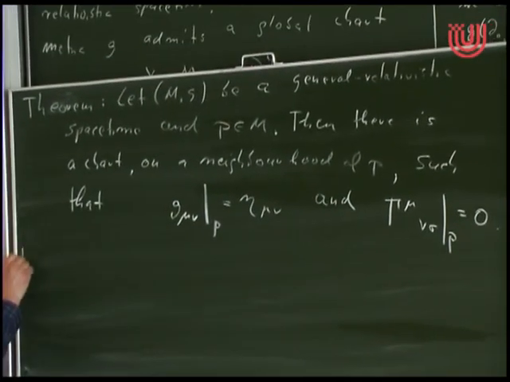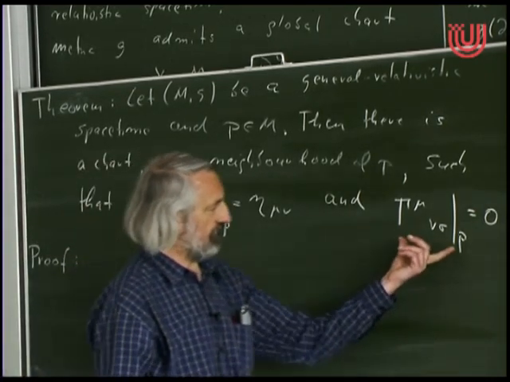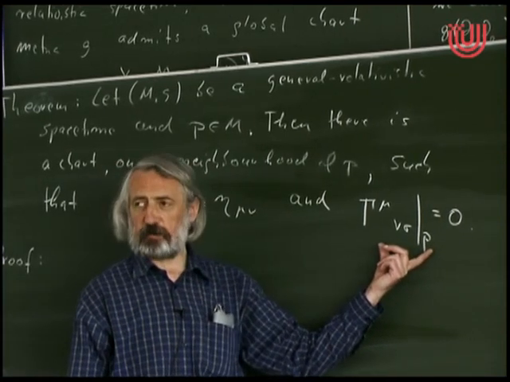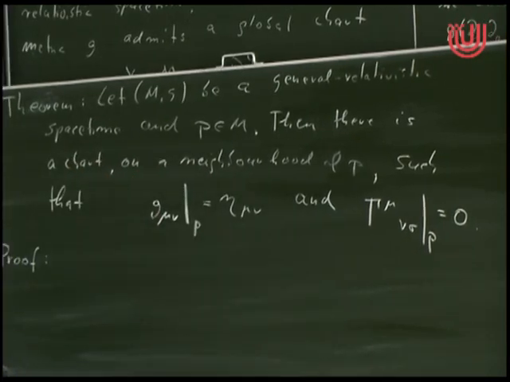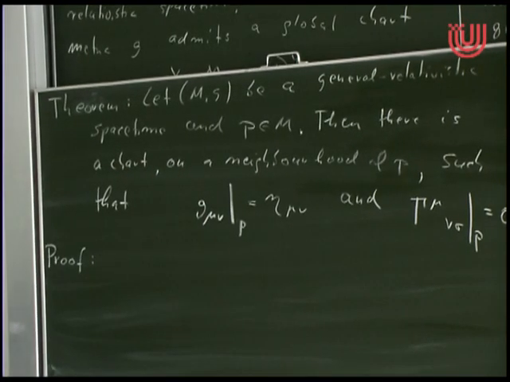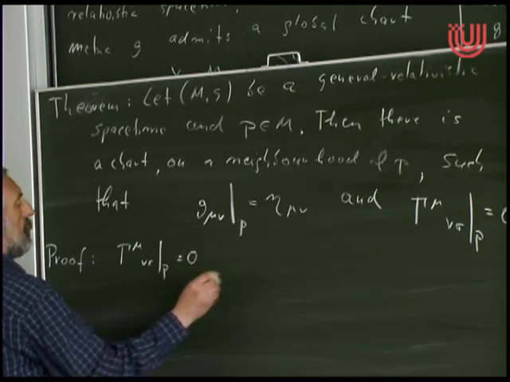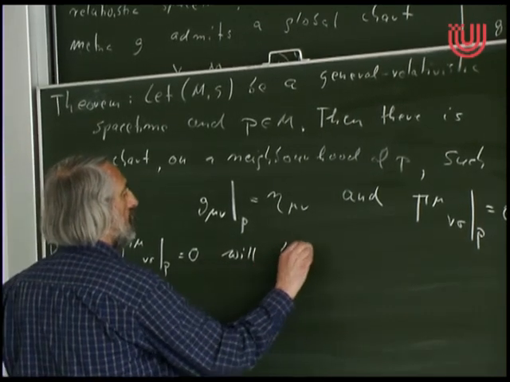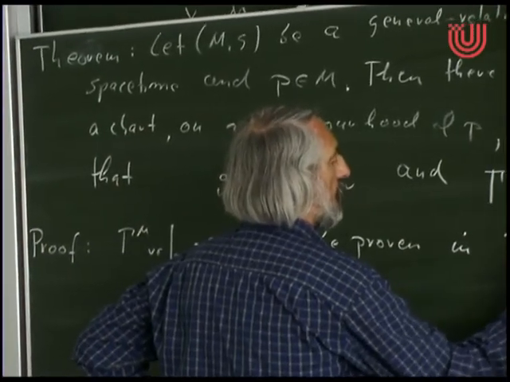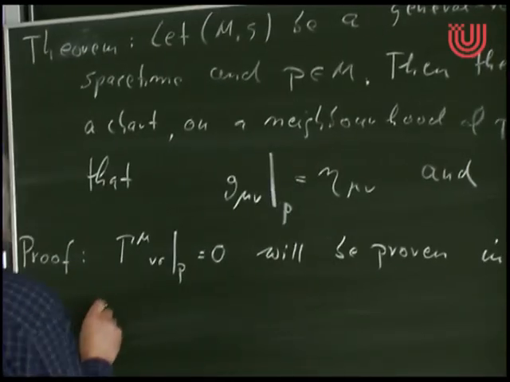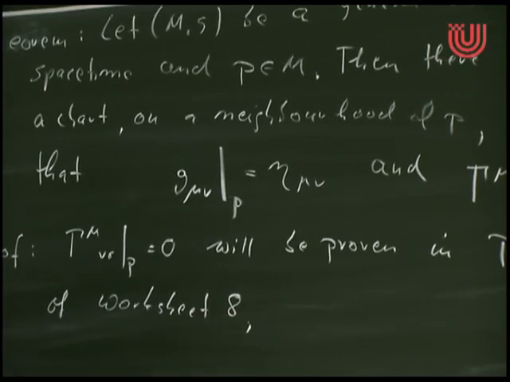And the proof, well, the hardest part, it's actually not really hard, it's a few lines, is to prove this here, that there is a coordinate system where the gammas are 0. If we have done this, then the rest is more or less trivial. And this non-trivial part, gamma mu nu sigma equal to 0, will be proven in problem 2, I think, of worksheet 8.